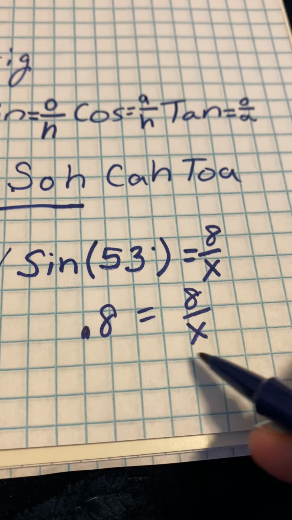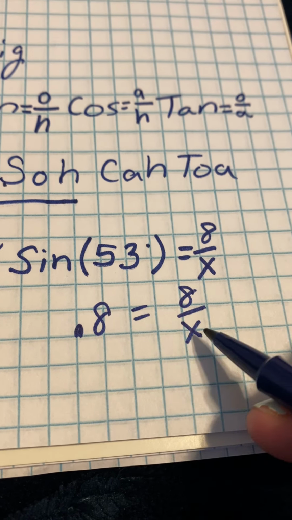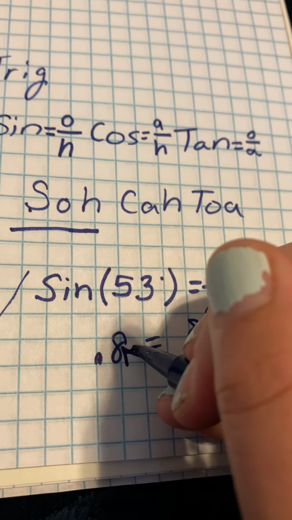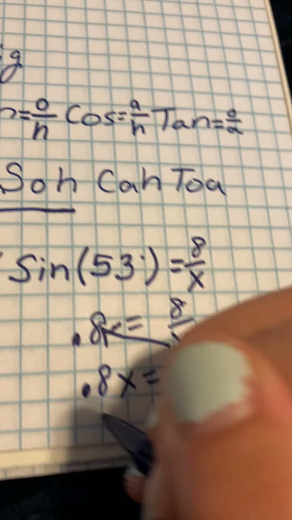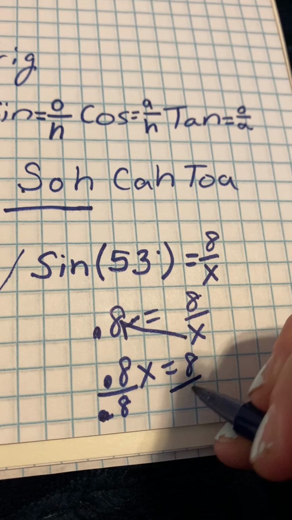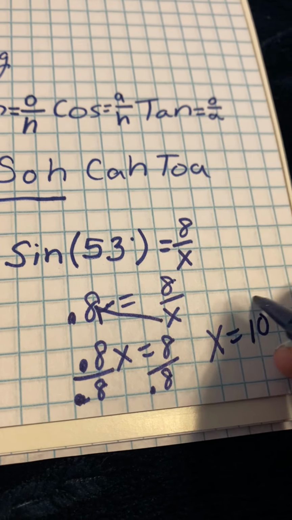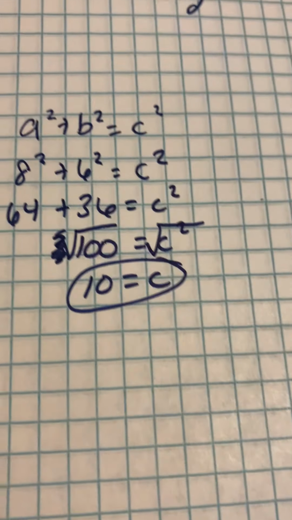If x is in the bottom, we can't solve it, so we need to get it to the other side. So we get 0.8x equals 8. And then we can divide by 0.8, and we find that x equals 10. And there's our answer. Same problem we had up here where we used the Pythagorean theorem.